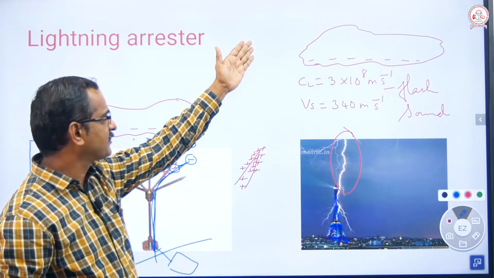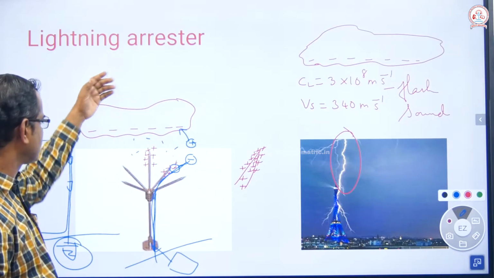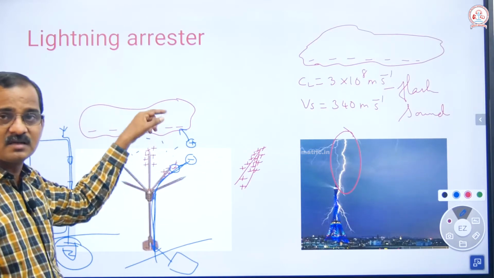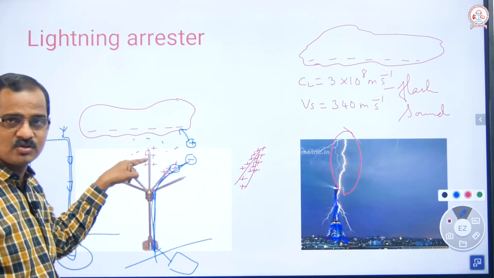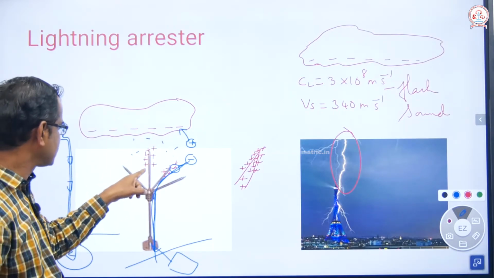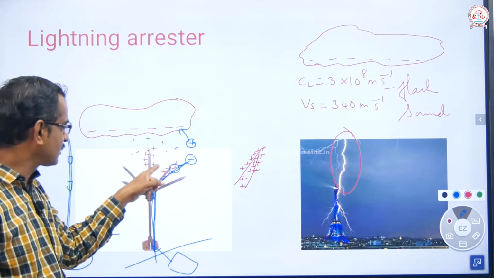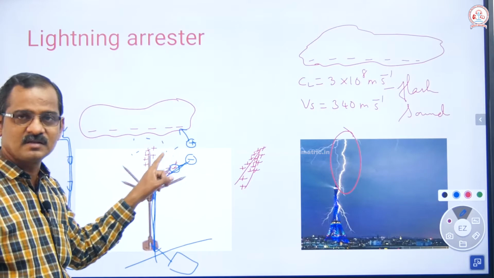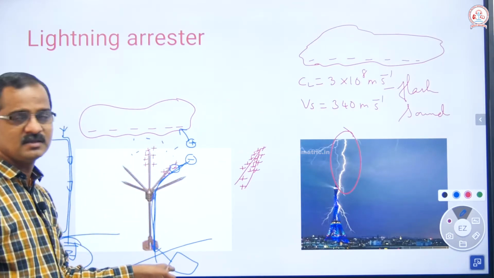When these clouds come closer, electrostatic induction takes place. A negatively charged cloud induces positive charges on the metallic pieces here, especially at the sharp points. After that, corona discharge takes place, leakage of charges takes place. Even beyond that, if there are excess charges, they will be trapped to the earth.